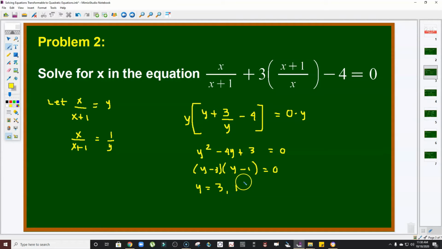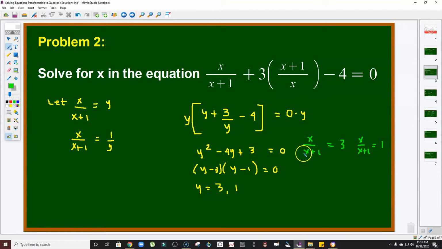However, once again, we are looking for the value of x, not y. So therefore, we're going to equate it. So x over x plus 1 equals 3. Then the other one, x over x plus 1 equals 1.